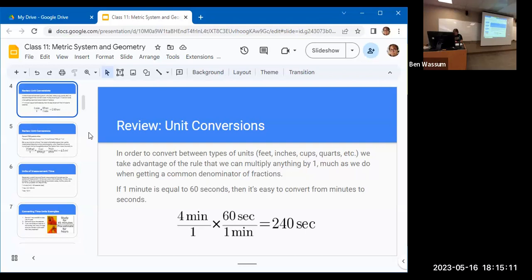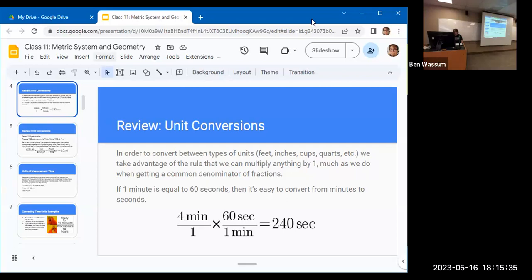So in that example down there, that's essentially multiplying by a complicated looking 1, right? So we're going to multiply by as many of these conversion factors, as they're called, in order to get from one type of unit to the other type of unit.